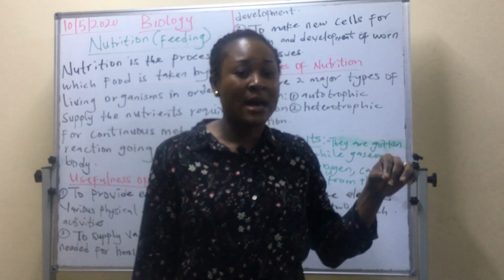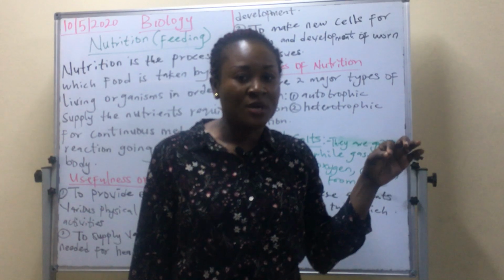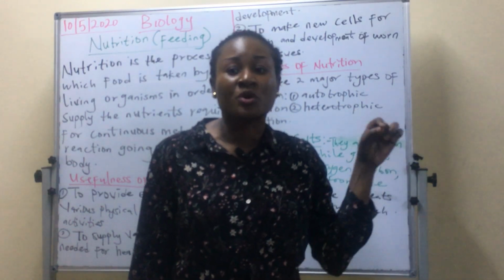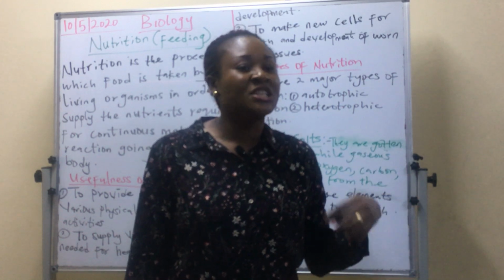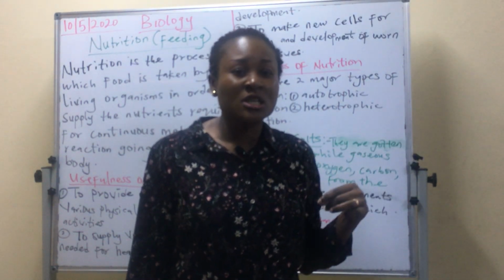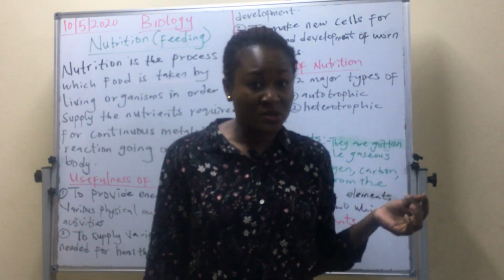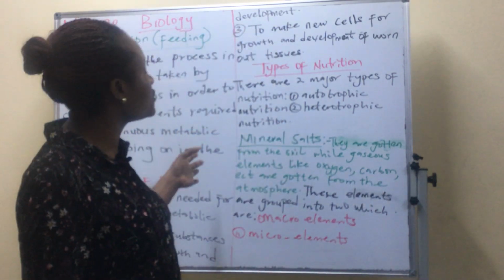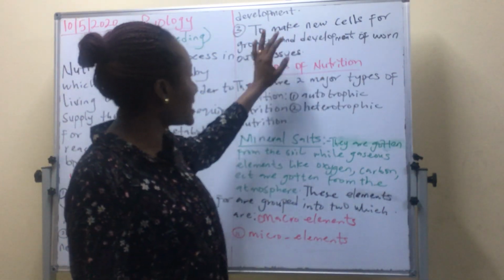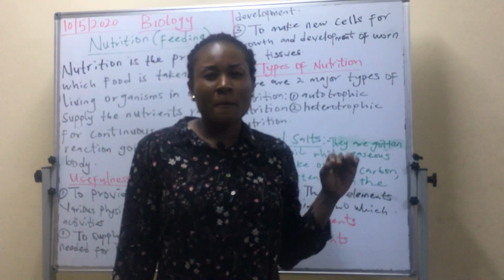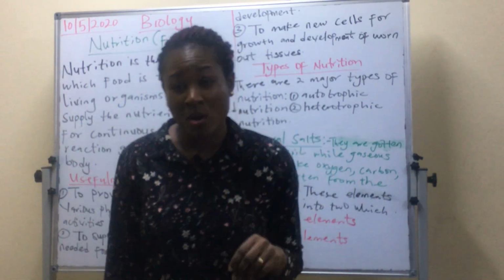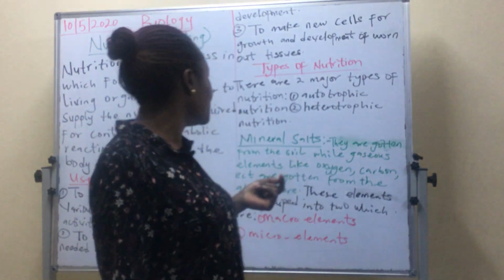The cell you had when you were a baby is not the same cell you're going to have till you become an adult or reach old age. Your cells get old and they change, and food is one of the things that helps you to get new cells. So food makes new cells for growth and for replacing worn-out tissues. Food also provides substances like hormones and enzymes in the body.